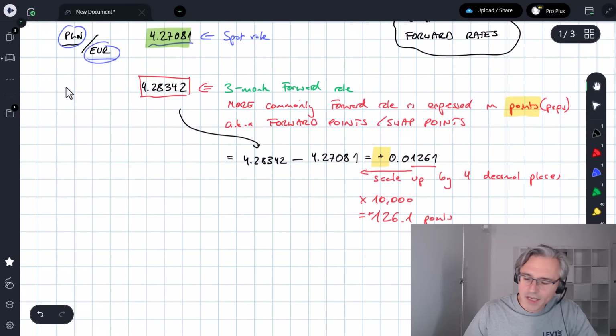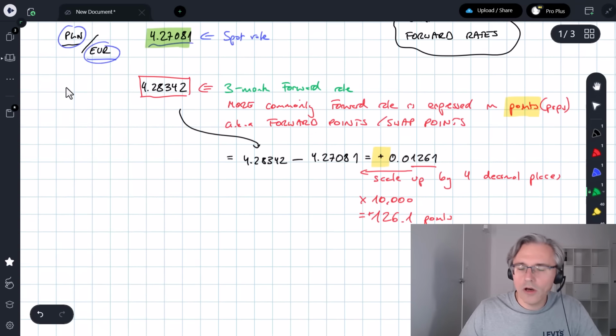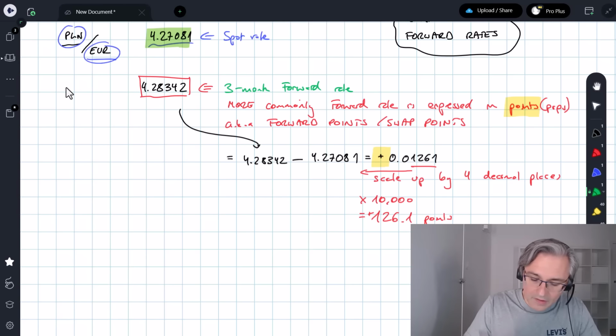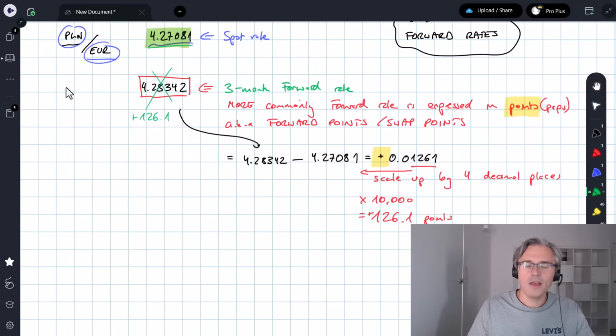So in reality, it would be more common for a dealer to say, this is the spot rate, but the 3-month forward rate isn't this, it's actually plus 126.1. And what you need to do then is add those points on to the spot rate.